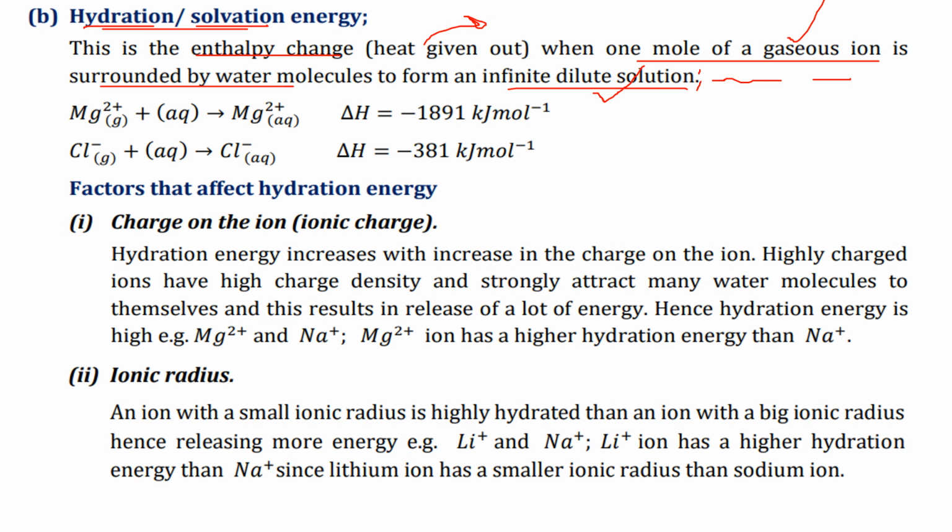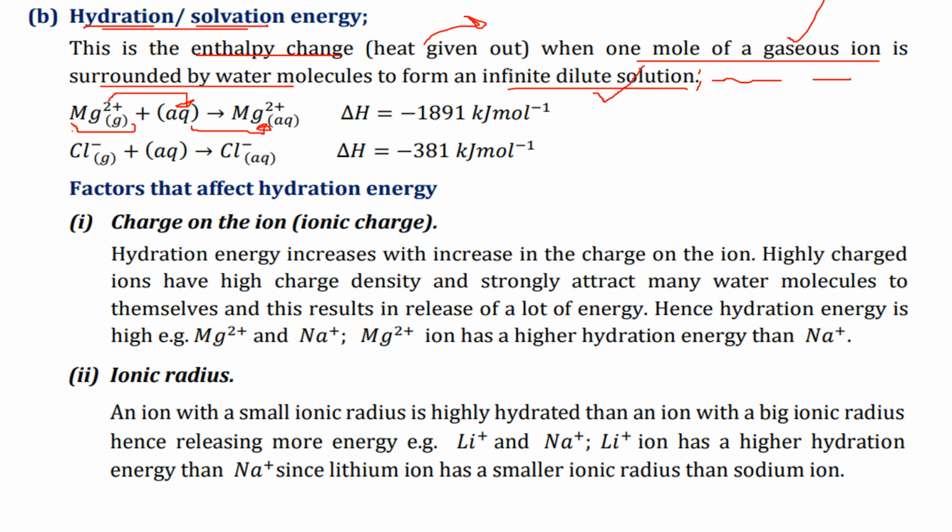The reason for that is that all this comes about after the lattice energy first takes place. Lattice energy helps us to dissolve an ionic salt, for example magnesium chloride. Lattice energy and enthalpy of solution help us to break the bonds so that we can get the gaseous ions. What hydration does is that we take these gaseous ions and surround them with sufficient water molecules so that we can convert them to aqueous ions.